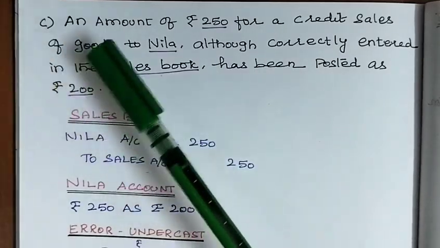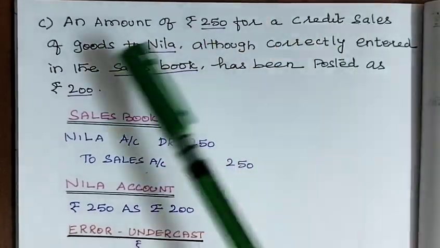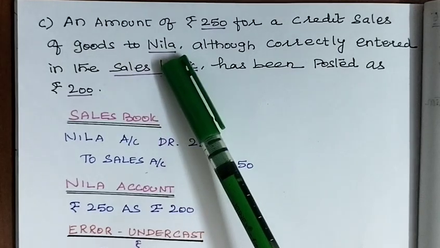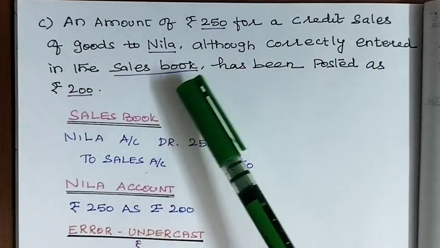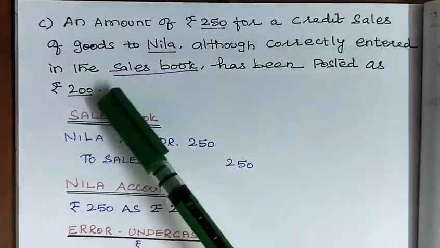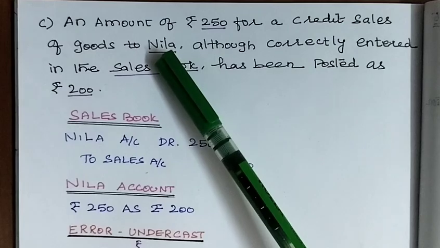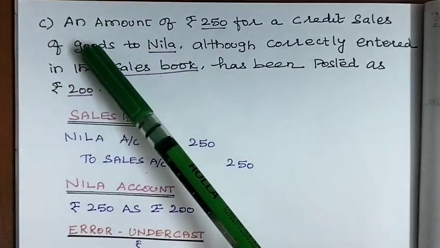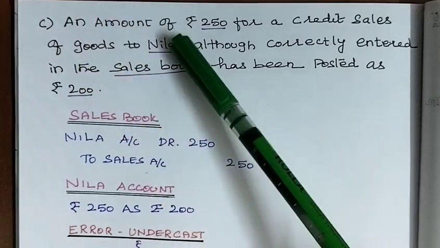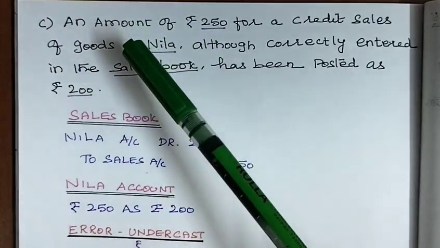The next transaction: an amount of rupees 250 for a credit sale of goods to Nila, although correctly entered in the sales book, has been posted as 200. Listen carefully to what this transaction tells us. First, let's take the first part.